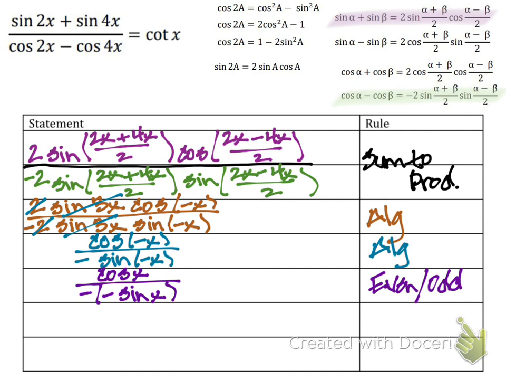So your next step would be just making that cosine x over sine x by algebra. And then your last step would be cotangent x by quotient.